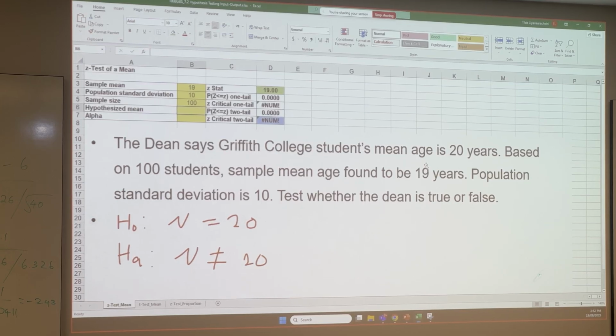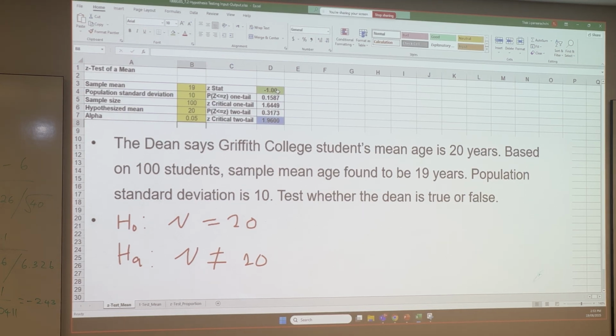The hypothesized mean is 20, because that's what the dean says. 0.05 is alpha. So it's -1. That's your z value. I think everybody can calculate this value. Your problem is whether to reject the null or not reject the null.